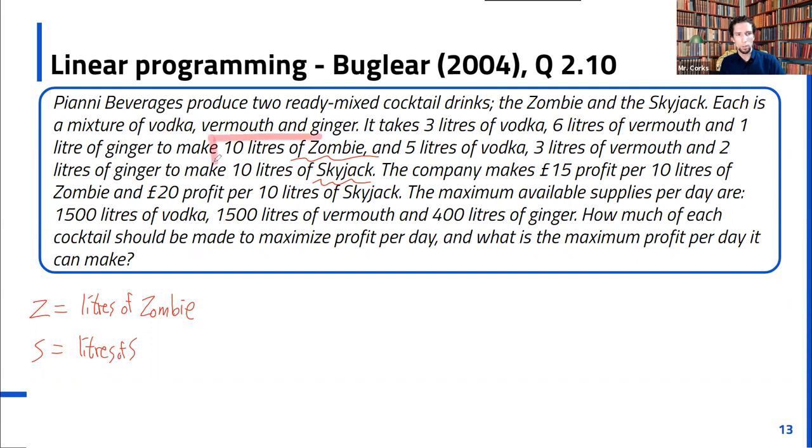I'm just trying to remember how I set this up on the next slide, just so I can be consistent here. Yep. Okay. So 10-liter units. Let me erase this and try that again. 10-liter units of the zombie drink, and then 10-liter units of the other one.